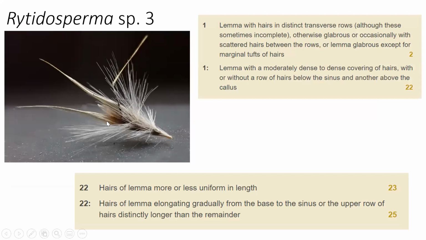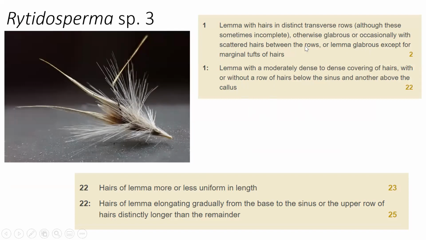So just to show a different kind of seed, this one has, and this is another one I collected this week, has hairs all over it. So straight away you can see it's quite different.